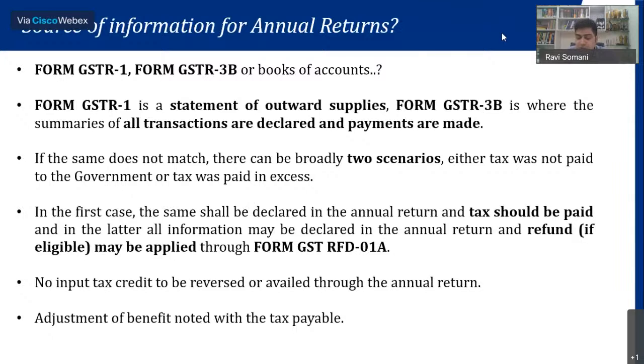Let us say in a particular month, or in a particular transaction, even the books of accounts do not reflect details, or if the books of accounts reflect the wrong details, then do we tell the taxpayer or the assessee to put the wrong details just because we need to go as per books of accounts?